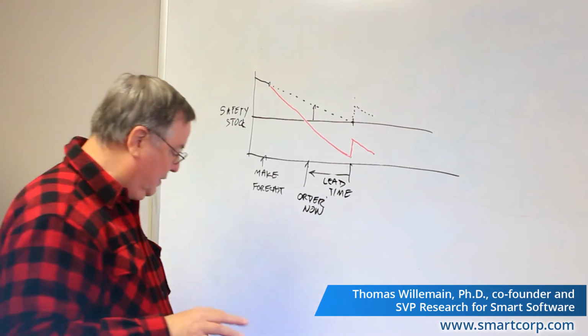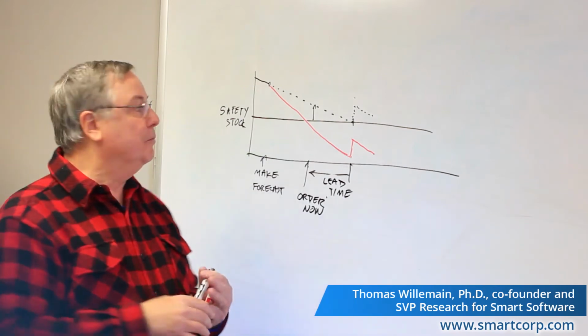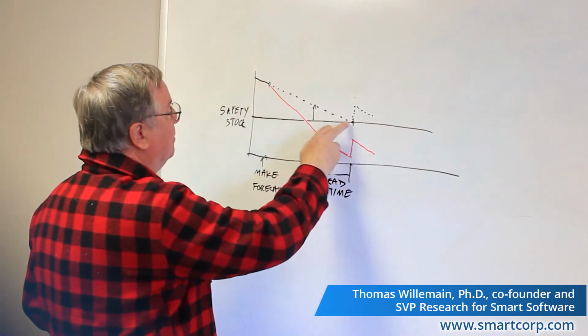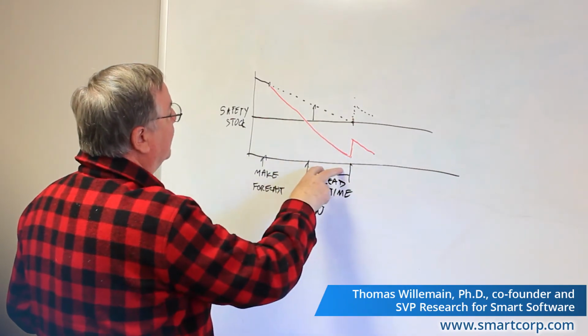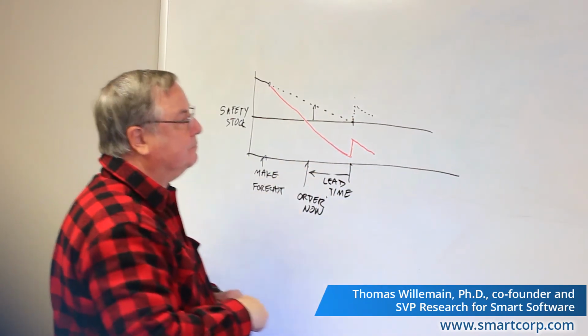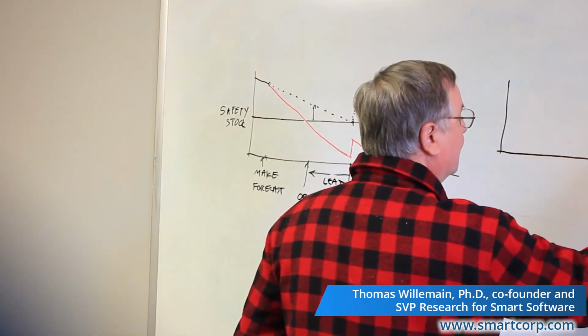So now we'll make a different kind of picture. We will show a picture of what we think the cumulative demand will be over our lead time. So now we have a different kind of plot.